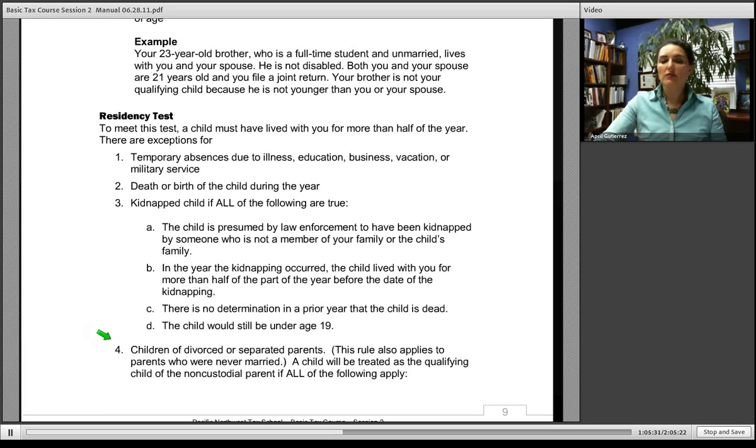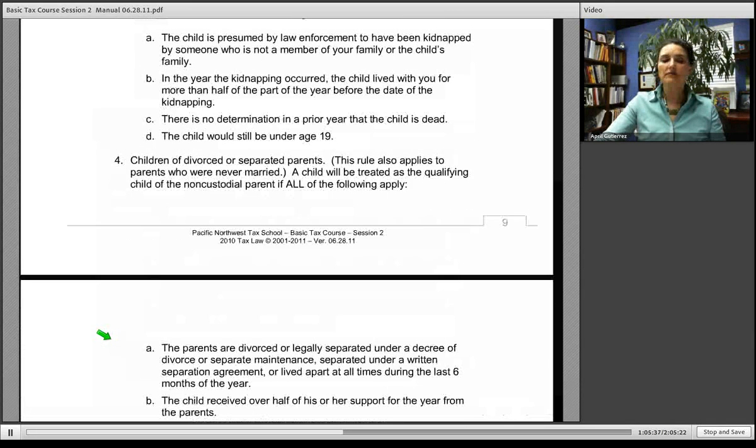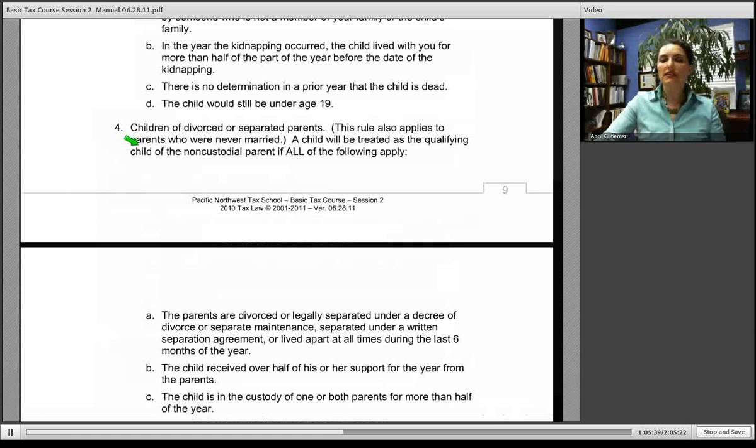A child will be treated as the qualifying child of the non-custodial parent if all of the following apply. The parents are divorced or legally separated under a decree of divorce or separate maintenance, separated under a written separation agreement, or lived apart at all times during the last 6 months of the year.